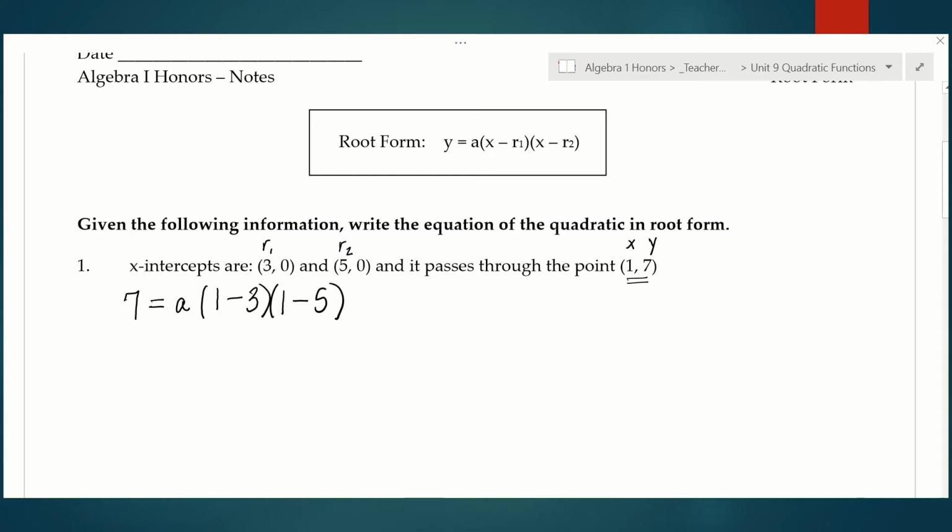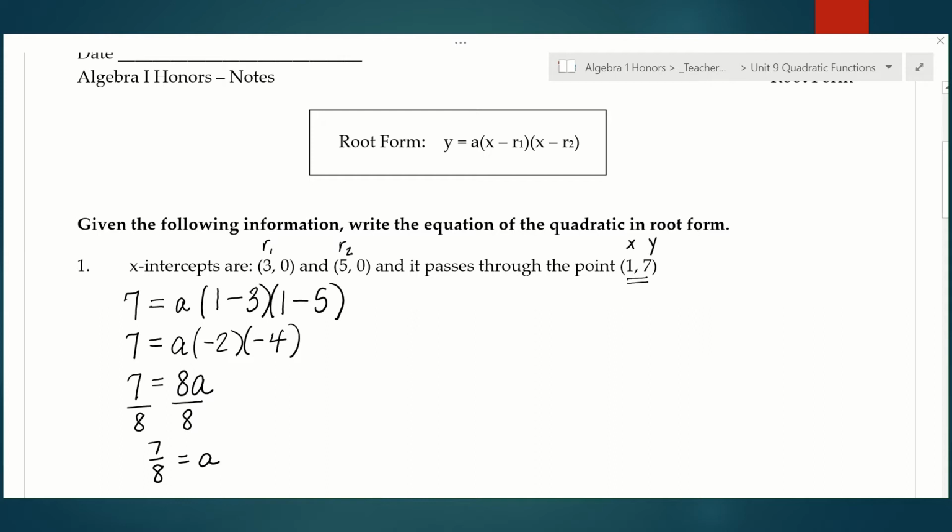That's how I go about plugging in those values. Then we're going to simplify. 1 minus 3 is -2. 1 minus 5 is -4. Then I'm going to multiply. -2 times -4 is +8. So this is really positive 8a. Solving for a, I get that a is 7/8.